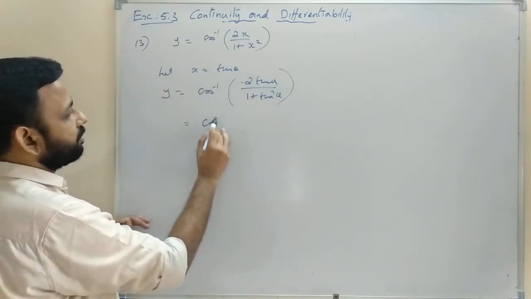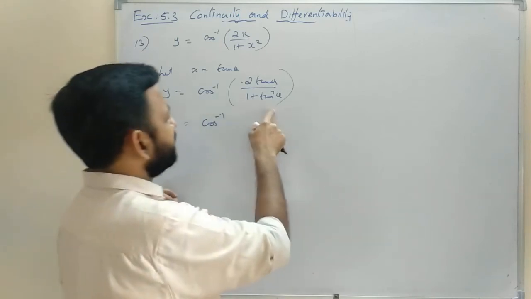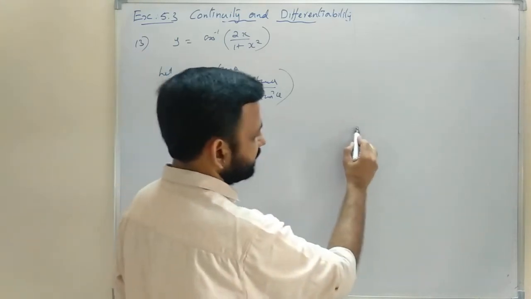That is equal to cos inverse of 2 tan theta upon 1 plus tan square theta, that is sin 2 theta.